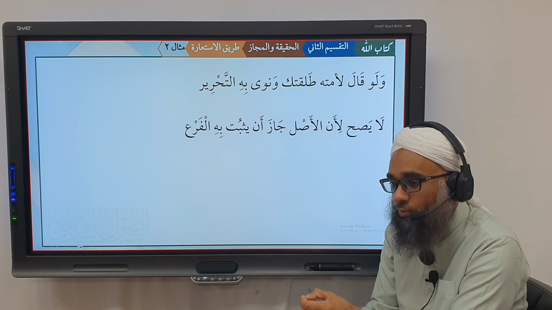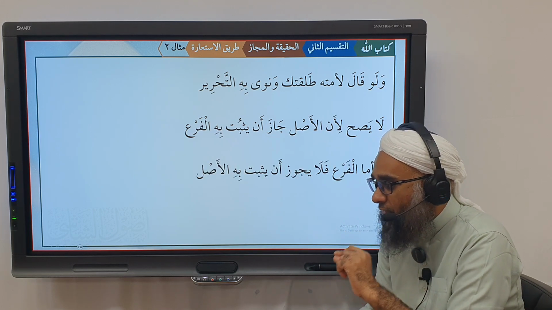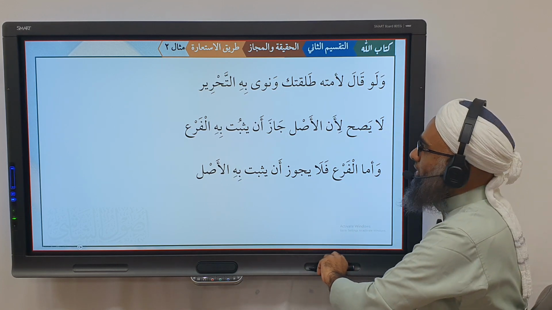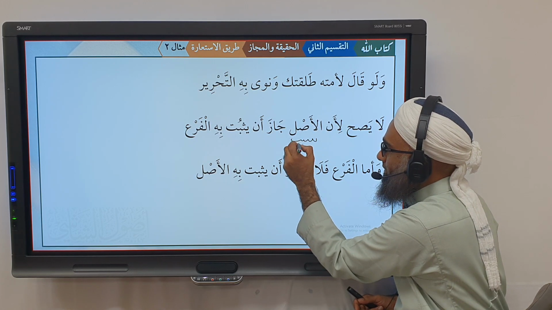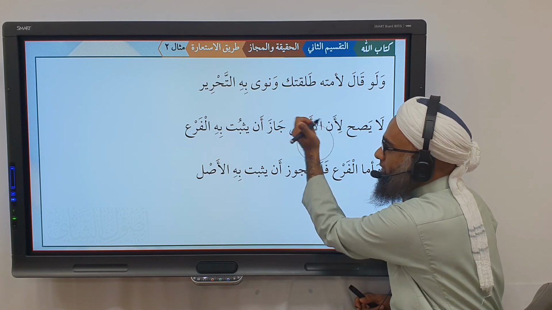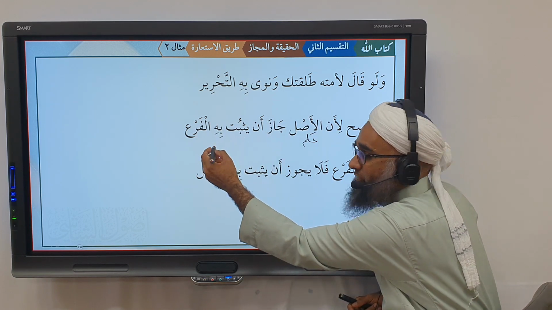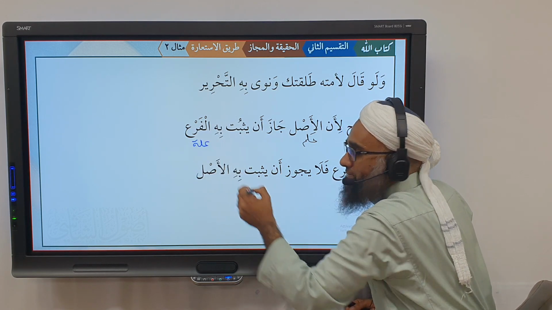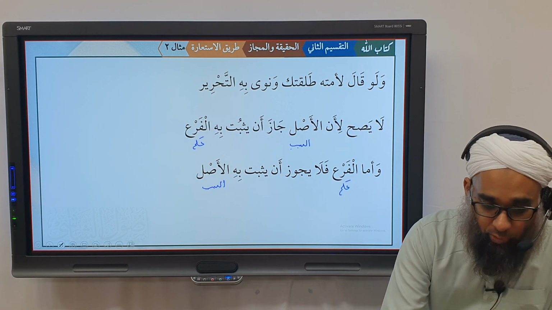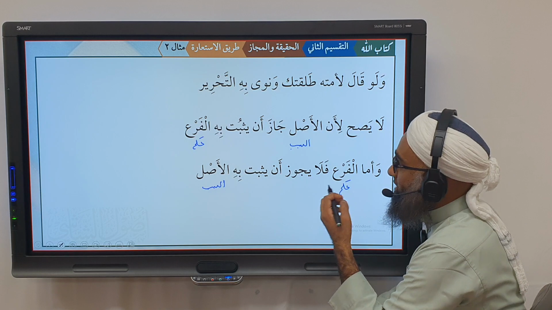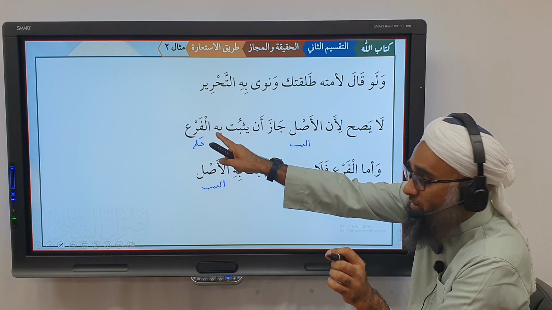Because it is not valid, since the asal can establish the fara, but the fara cannot establish the asal. So what is the asal? The asal is the sabab. The hukam can be established via the illah. So the asal, meaning the sabab, you can establish the fara, the hukam, via the sabab.